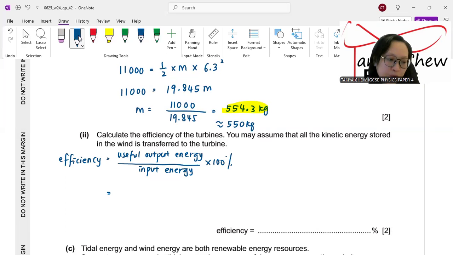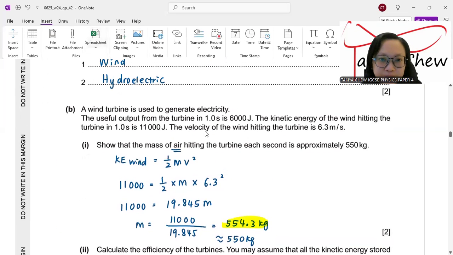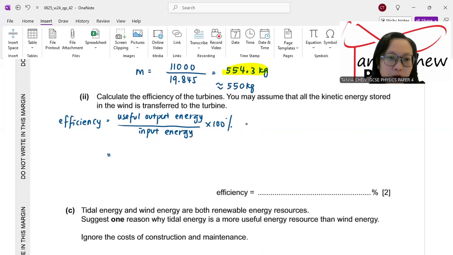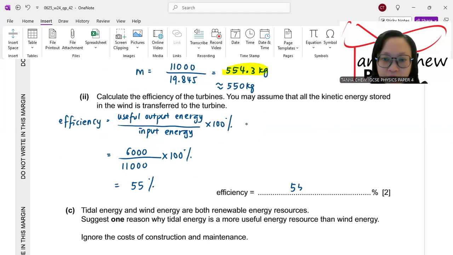So the useful output energy is the energy, useful output from the turbine, which is 6,000. Input energy is the energy from the wind, which is 11,000 times 100%. So I round it off to 55%. That is two significant figures over there.